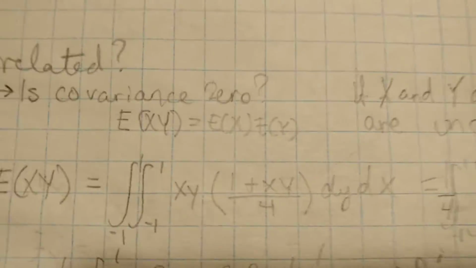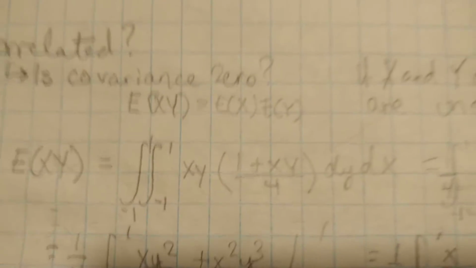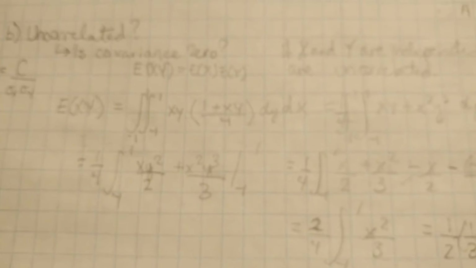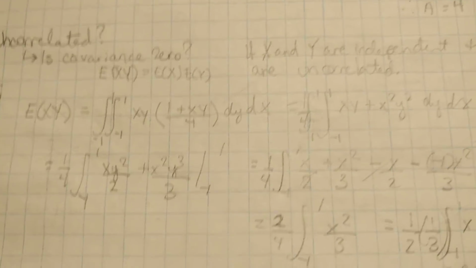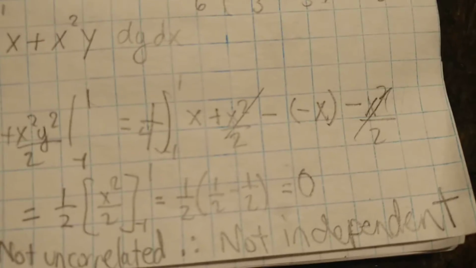Because the two sides are not equal, so E[XY] does not equal E[X] times E[Y], we know that the two variables are not uncorrelated, which means that for the next part, when they ask if they're independent, they're not independent, because if they're not uncorrelated, then they can't be independent.